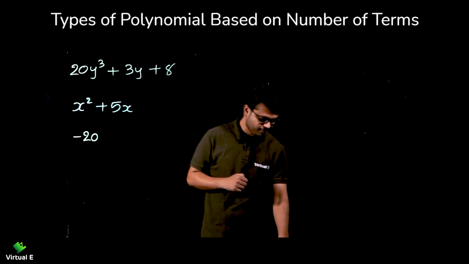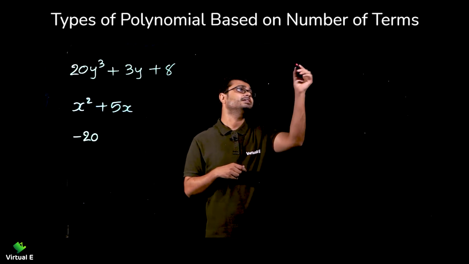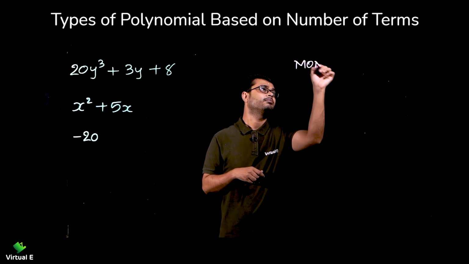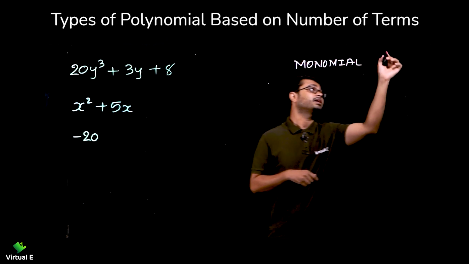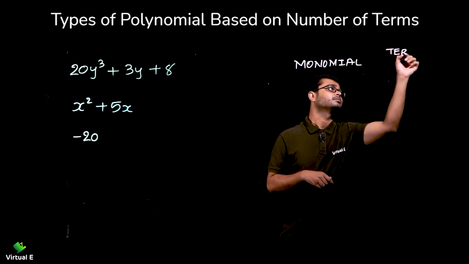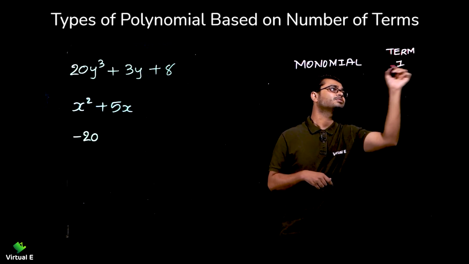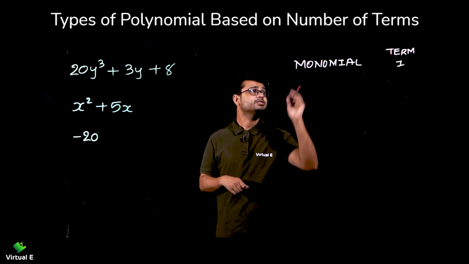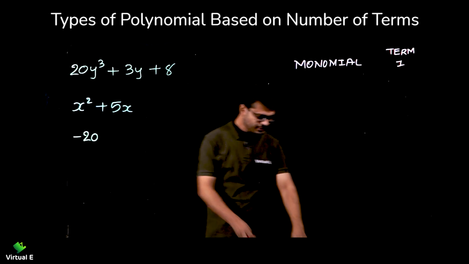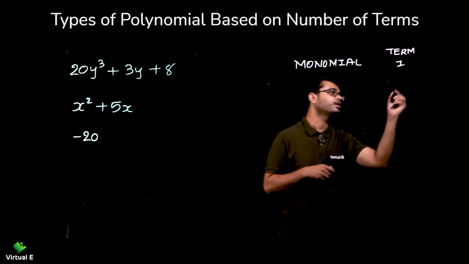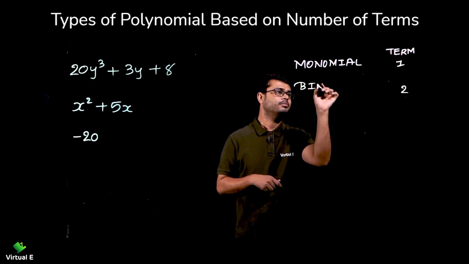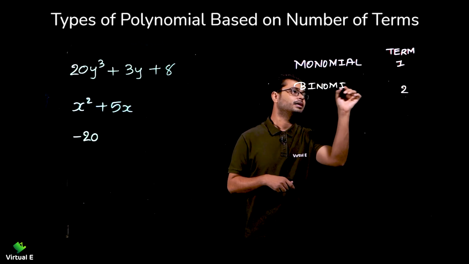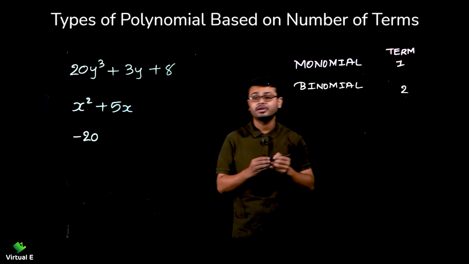So we are classifying into 3 to 4 categories. First is monomial. If it has only one term, let's write here terms. If it has only one term, then it is a monomial. If it has 2 terms, then what do we call it? Simple, we know very well, that is binomial. And what about 3 terms?